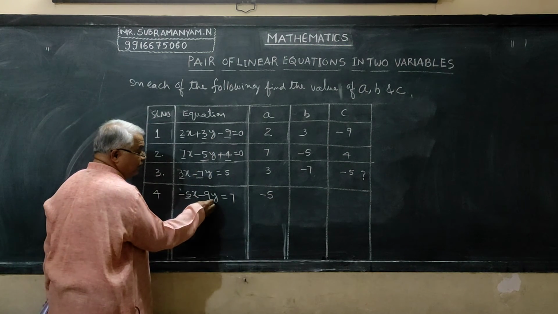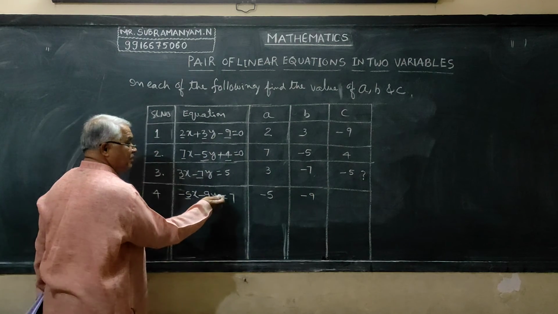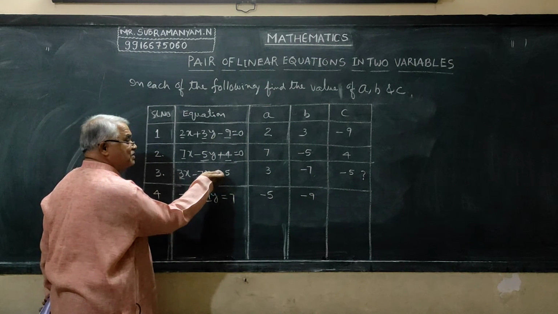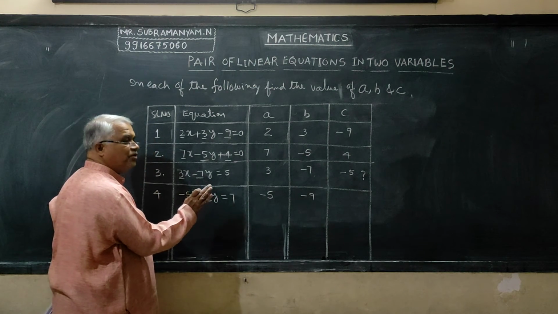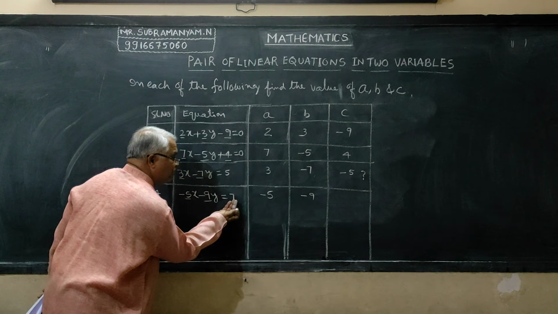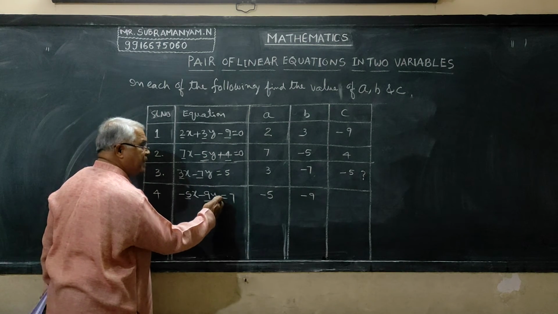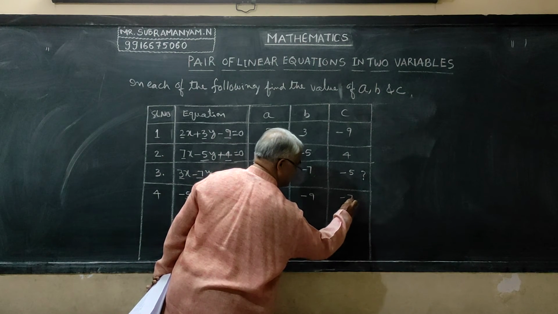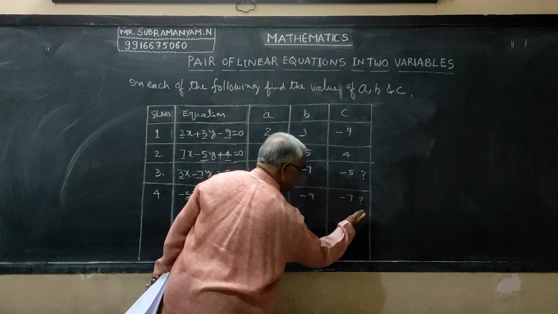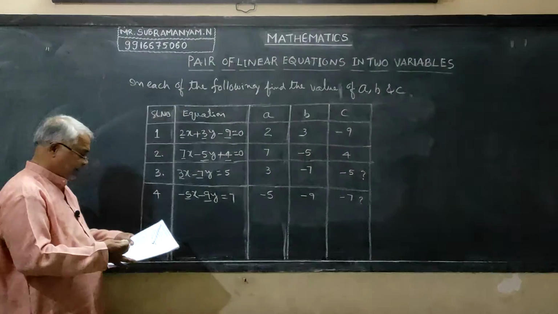The value of b, minus 9. Again, after equals, we have the number. This is not in the standard form. Bring this 7 to left hand side, plus 7 when you bring it to left hand side, it becomes minus 7. So the c is minus 7. Again, I will put a question mark. You should think why we have written minus 7.